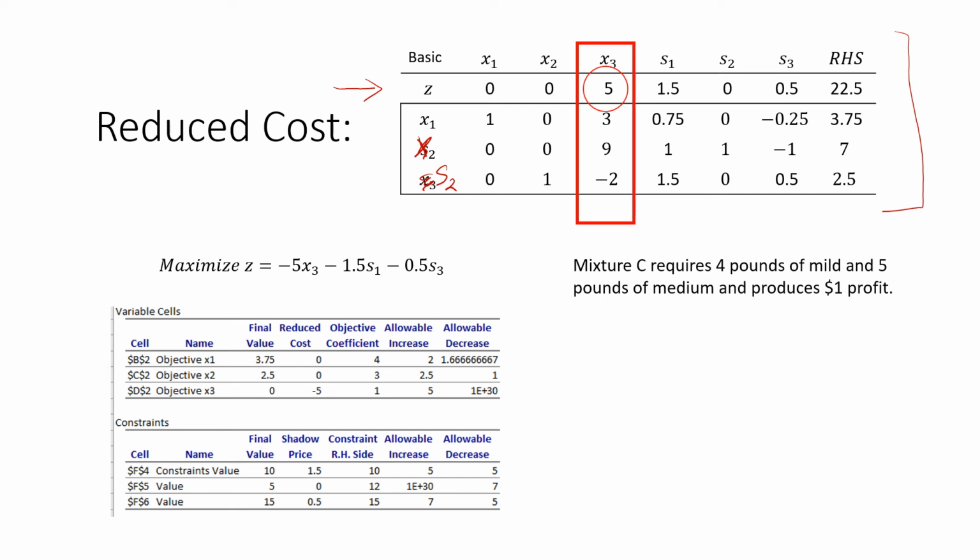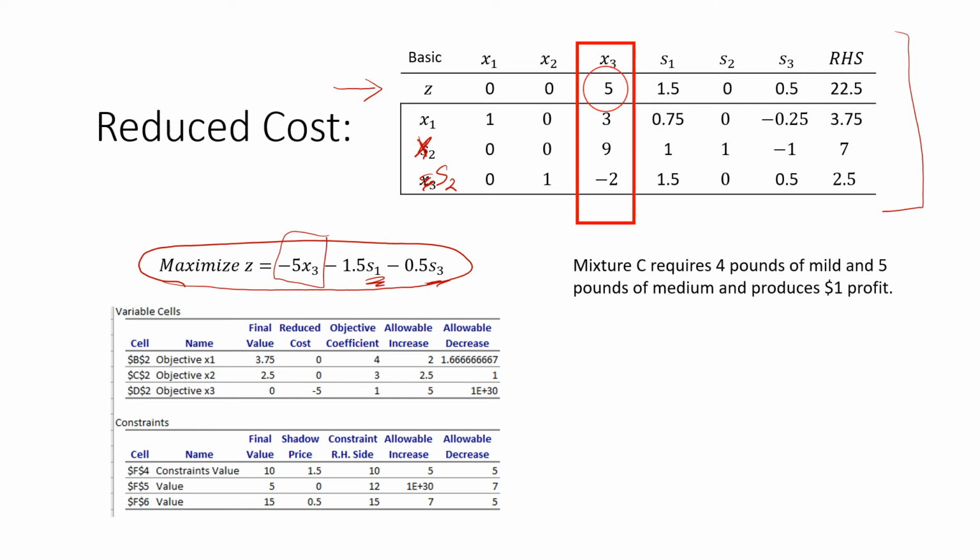So if we read off the value of our objective function from the top row, we get this. We now have a maximization of minus 5x3 plus 1.5s1 plus 0.5s3. Notice this has two slack variables, and it has one of our original variables.